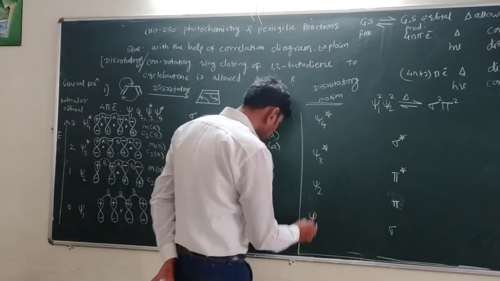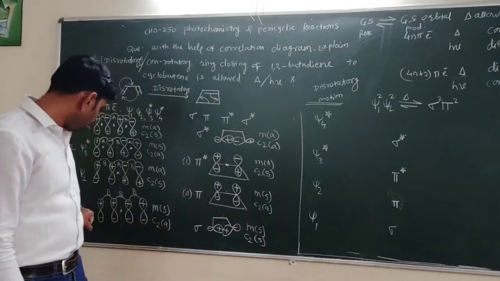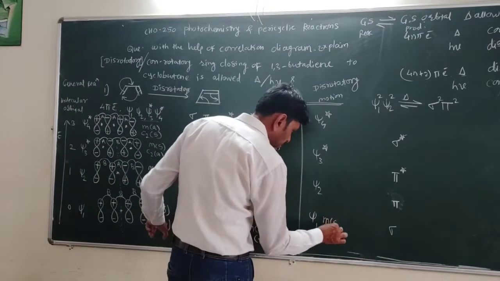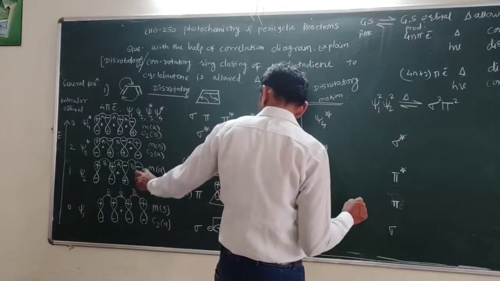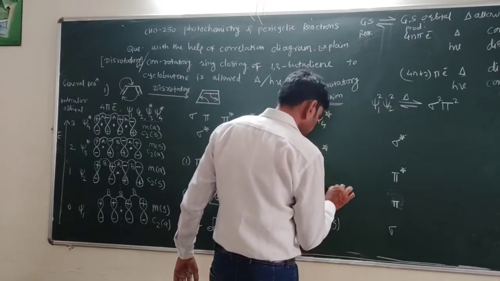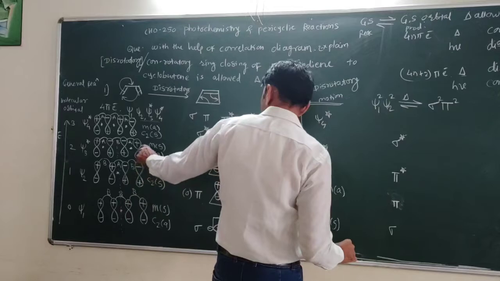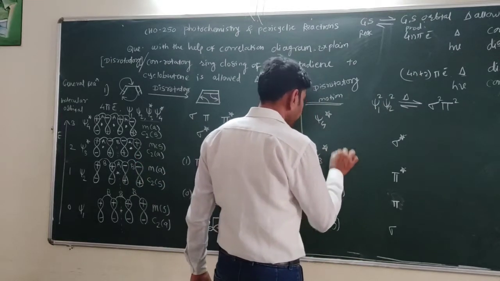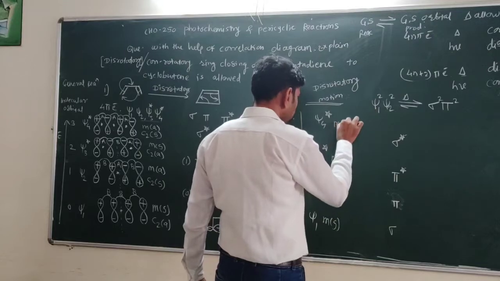For Psi1, the m symmetry is symmetric. What about Psi2? It is m asymmetric. For Psi3 star, m symmetric, and for Psi4 star, it is m asymmetric.